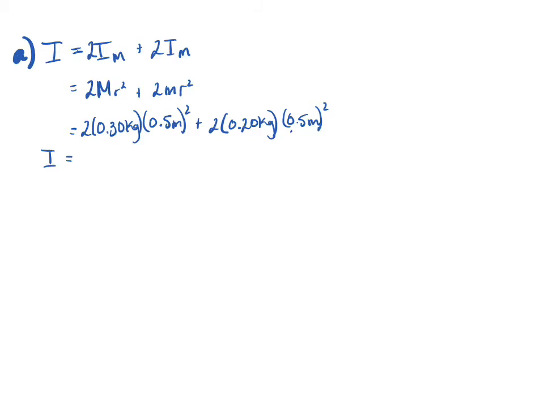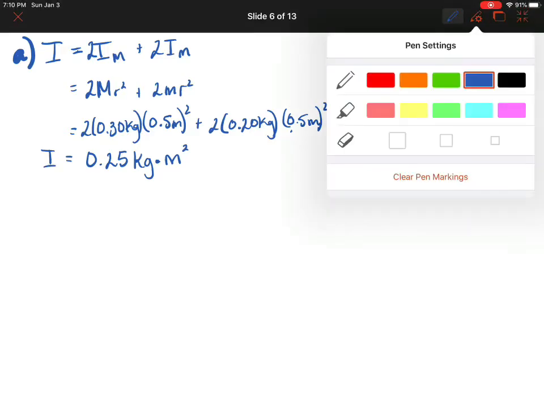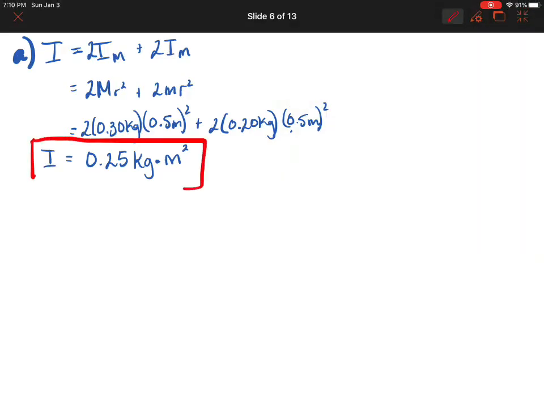We find our rotational inertia to be 0.25. And remember, the units are super easy, just kilograms times meters squared, as that's really all we're doing: taking mass and multiplying it by distance squared. And there's our rotational inertia in part A.